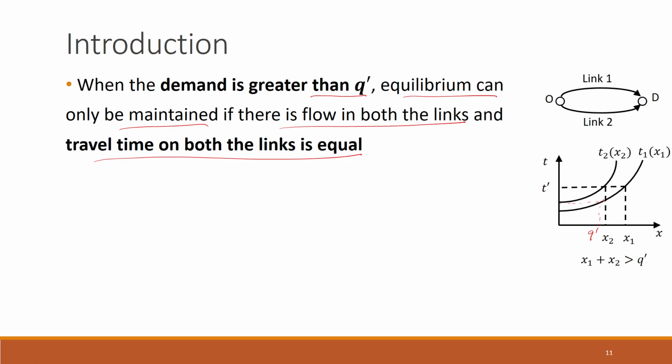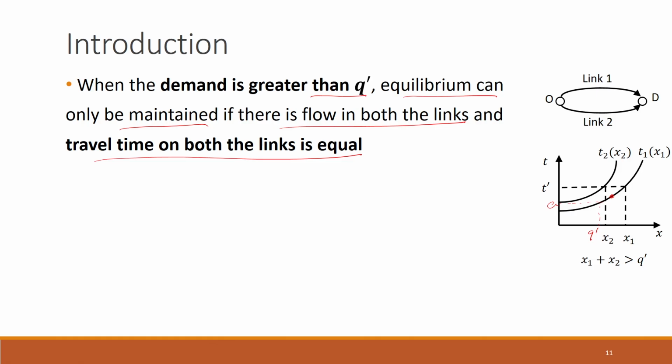If the total demand is greater than Q dash and you keep all the flow on this link only, some travelers might want to shift to link 2, because the free flow travel time of link 2 is smaller than that.